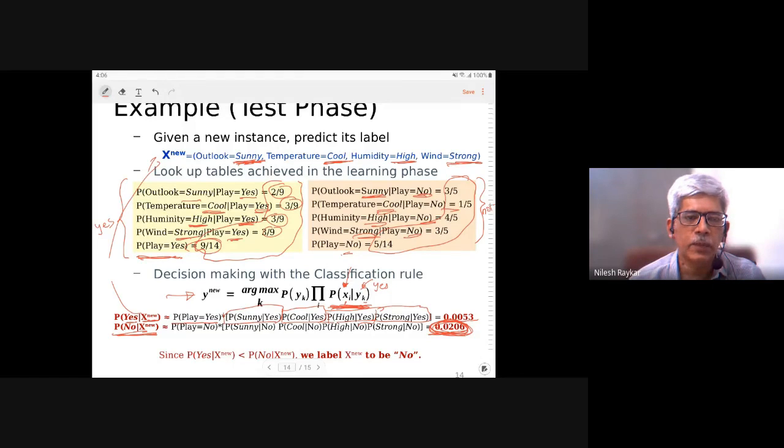Just to summarize, what we did here is by making the assumption that all the features of your problem situation are independent of each other, we can calculate from your training data sets. Your training data set will have all the features and the corresponding output or label. For every feature and label combination, we have to calculate the conditional probability.